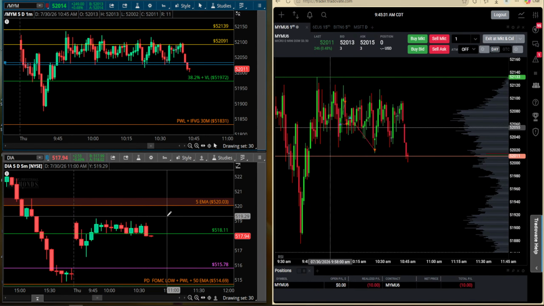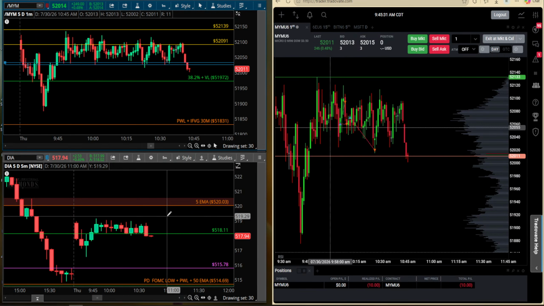I like to see a 5 minute fair value gap and use the 1 minute time frame to execute. I don't have the 5 minute yet, so I'm going to change this time frame to 5 minutes. If I get a fair value gap within this range, then yes, it is possible there is a higher conviction 5 minute fair value gap. Right here, this one. Okay, yeah, this is the one.